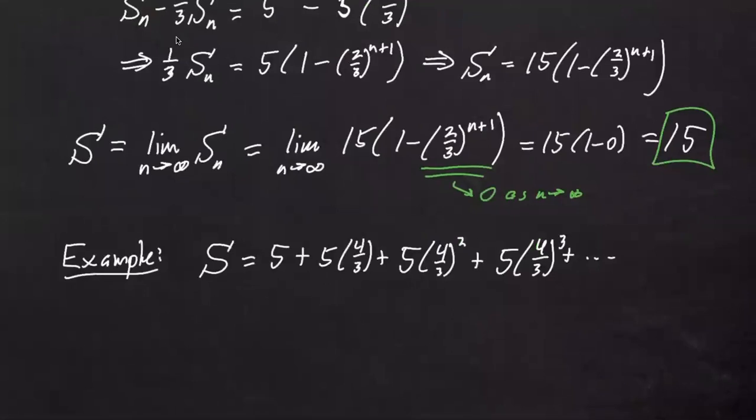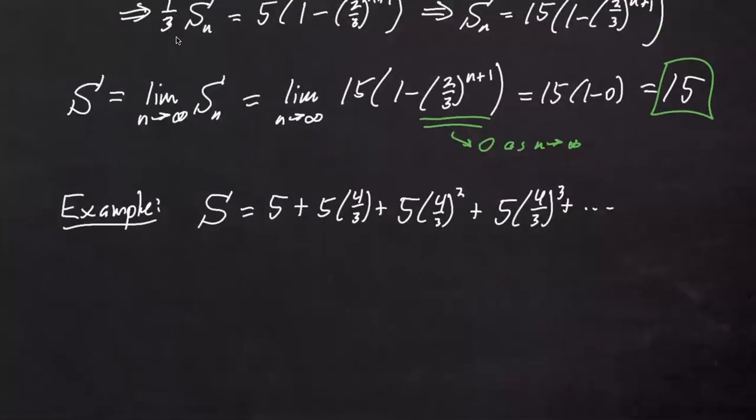Remember, this first term we called A, and the multiplying factor we called R. So this actually looks like that.